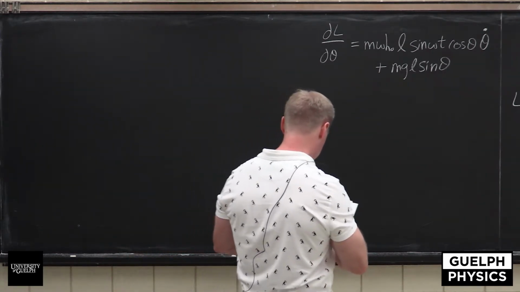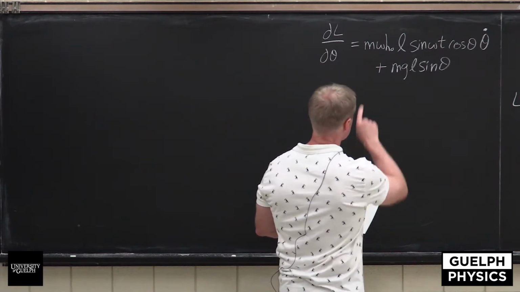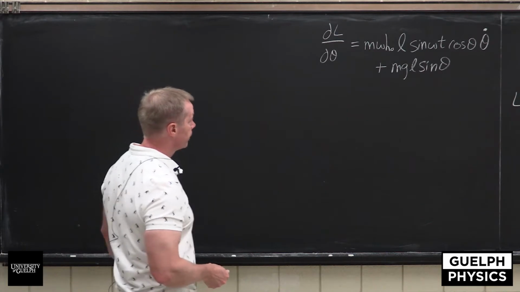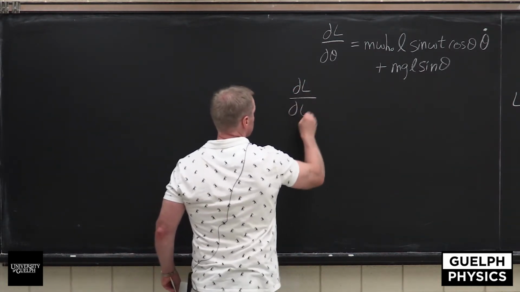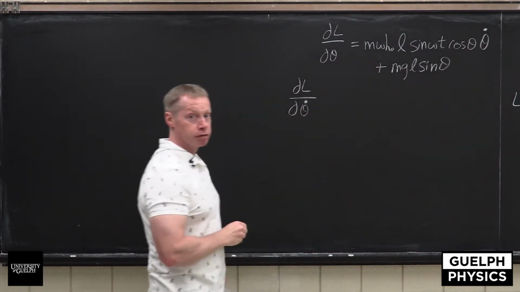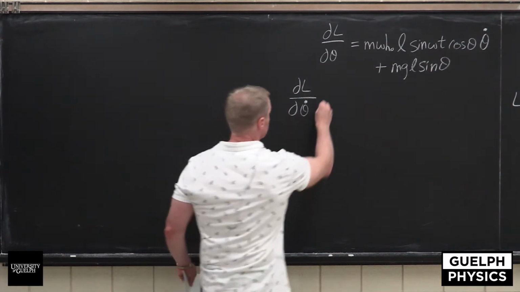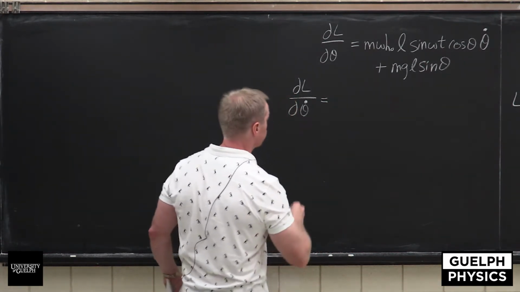I'll just double check what I have. Yes. So those are the terms involving theta, and we can now also start taking our partial derivative with respect to theta dot. And here again, we'll have multiple terms.